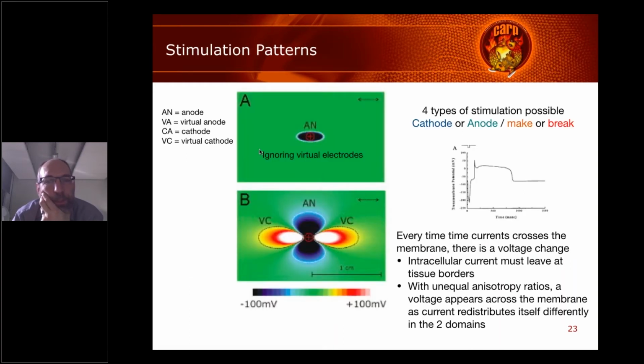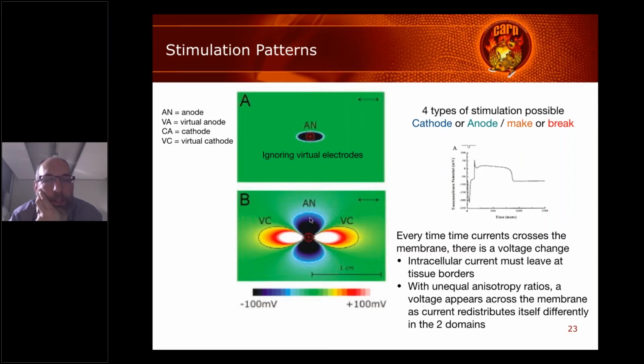Well, until the 1990s, people thought this is the anode. Under the anode, you get what I talked about, hyperpolarization, which is the black color. But then when they actually looked at it, and it was predicted by the bidomain equation, they saw what they call a dog bone pattern.